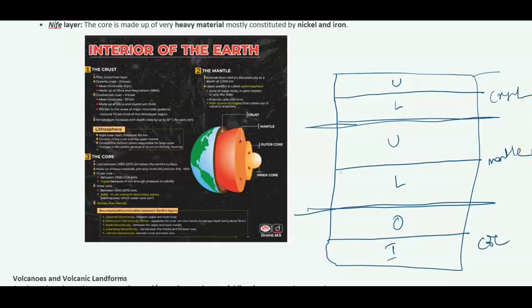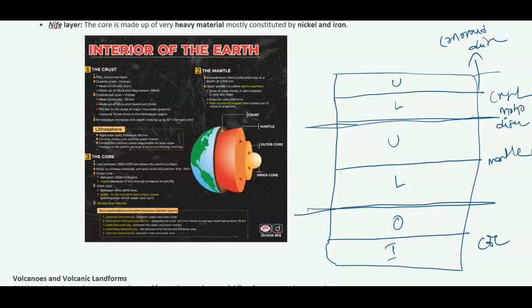Between the upper crust and lower crust, the boundary is called the Conrad discontinuity. Between the crust and the upper mantle, the boundary is called the Moho discontinuity.